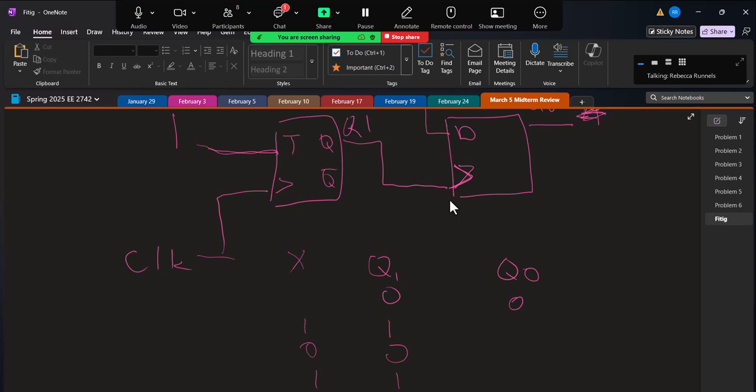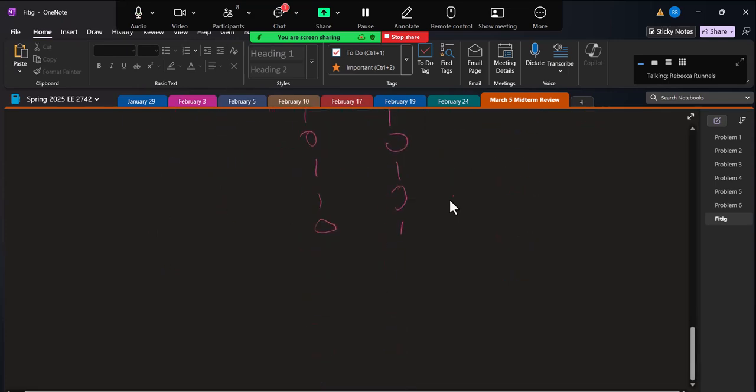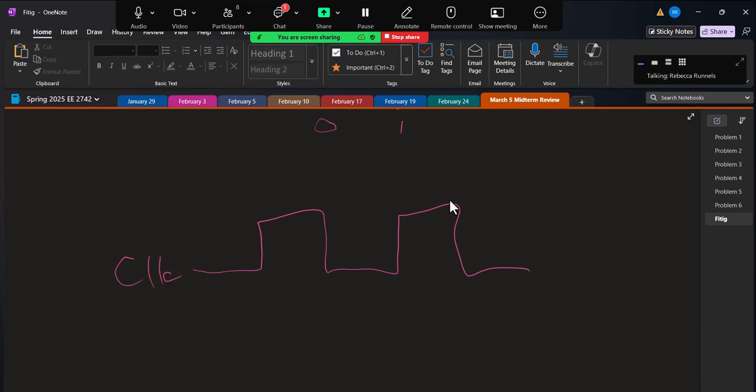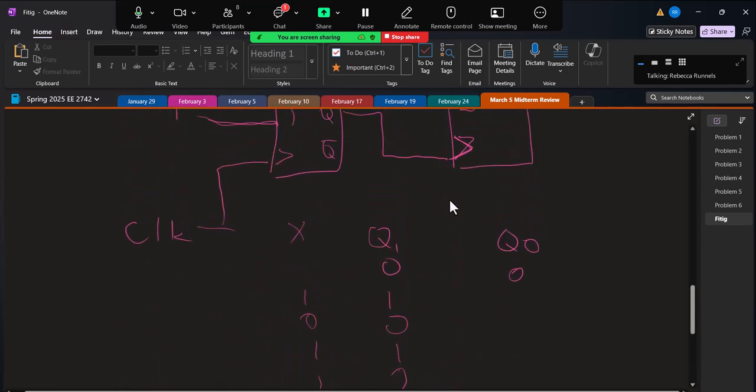This is a positive edge triggered flip-flop. A positive edge triggered flip-flop changes only once every clock cycle, when the clock goes from 0 to 1. So only when the clock goes from 0 to 1 does it change. The rest of the time, it just stays with whatever value it has.